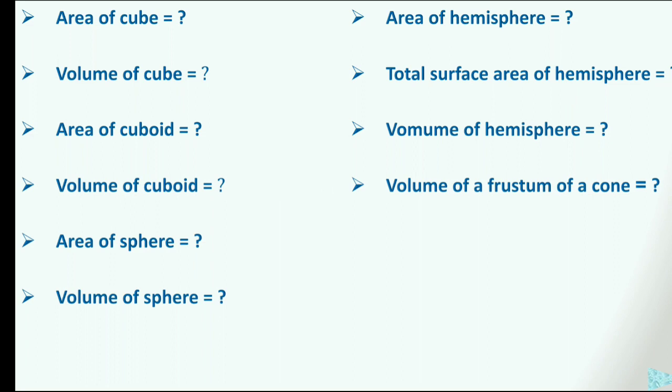Volume of frustum of a cone. It's equal to 1 by 3 pi into small r square plus capital R square plus small r capital R, into h.